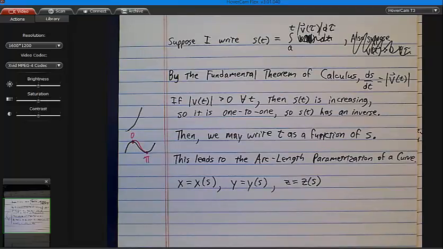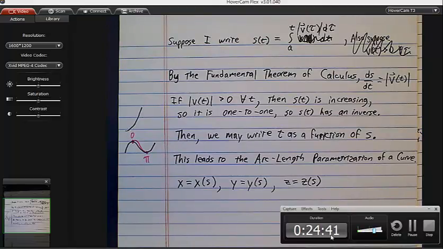And there will be plenty of times that we say, hey, of all the different parameterizations we could possibly choose, let's choose to parameterize by arc length. And when we do that, calculations are really simplified, including this thing called curvature, which we want to study next time. Okay? So I guess that's about all I have for before break.